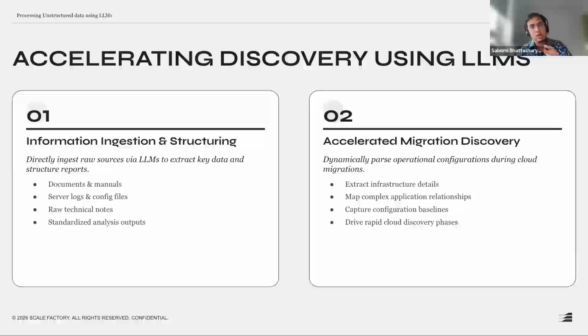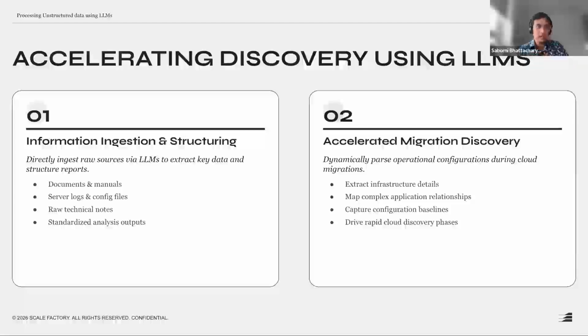How AI generally helps you with the migration, in the initial discovery phase or during the assessment of your environment, is that these models are constructed in such a way that they are able to understand any kind of unstructured data and create relevant meaning out of it, or derive the actual business context from the unstructured data that you have, which could include any kind of documents, config files, server logs, and technical notes.